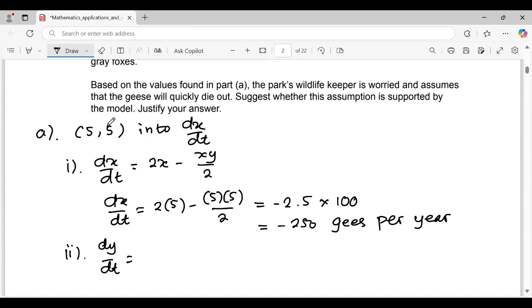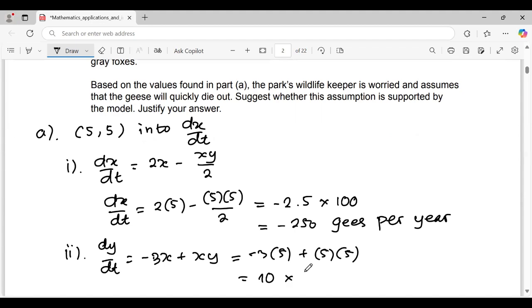Substitute 5, 5 into this equation. So dy/dt is minus 3x plus xy. So it becomes minus 3 multiplied by 5, plus 5 times 5, and it is minus 15 plus 25, which is 10.